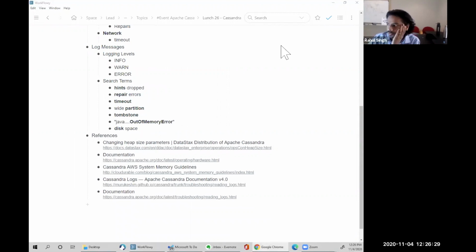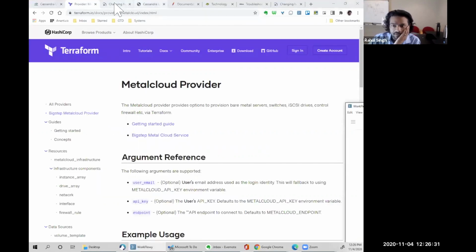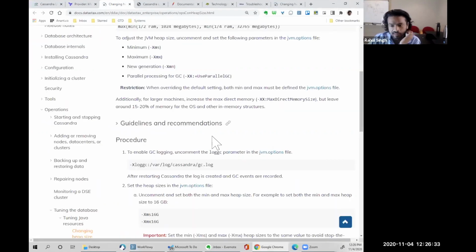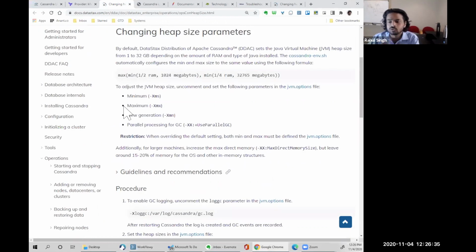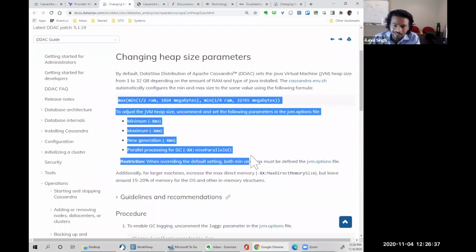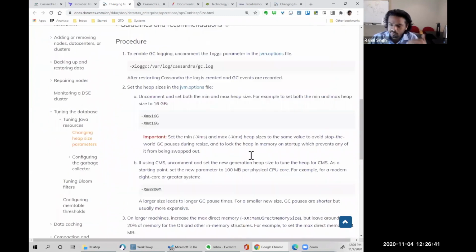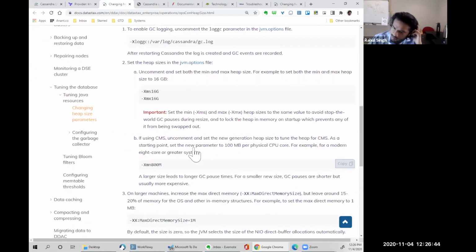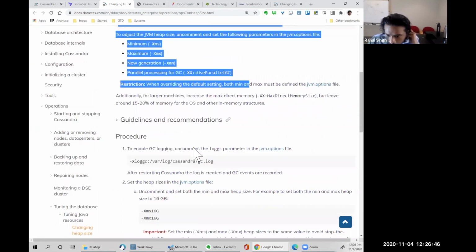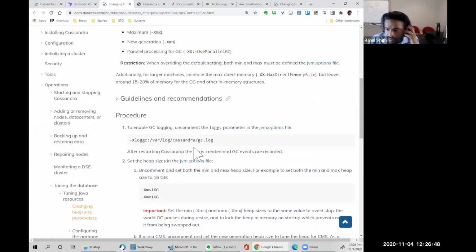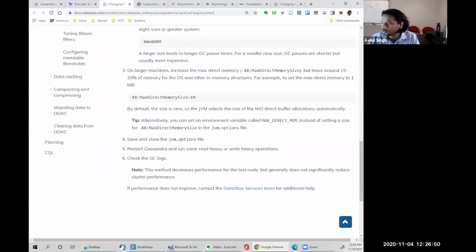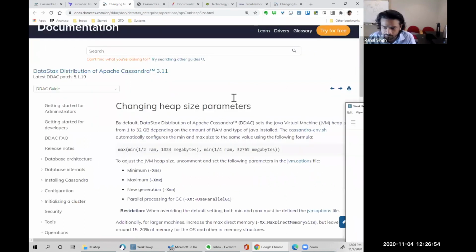DataStax has really good resources. Actually, I have it up here, where it tells you how to figure out how much heap to allocate. All right. And it gives you some thresholds. It tells you, for example, don't put more than 32 gigs in the heap.